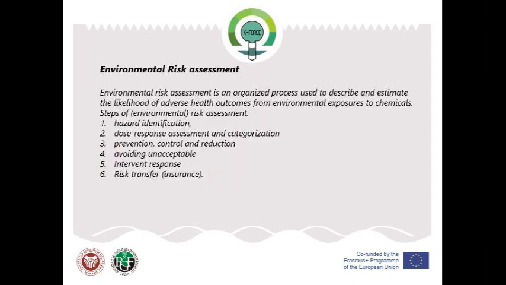Disaster risk management is a complex and multidisciplinary problem involving the engagement of technical disciplines as well as social, economic, and other expertise. As an example, we will look at the management of environmental risks as an important segment of disaster risk management. Environmental risk assessment is an organized process used to describe and estimate the likelihood of adverse health outcomes from environmental exposures to chemicals.